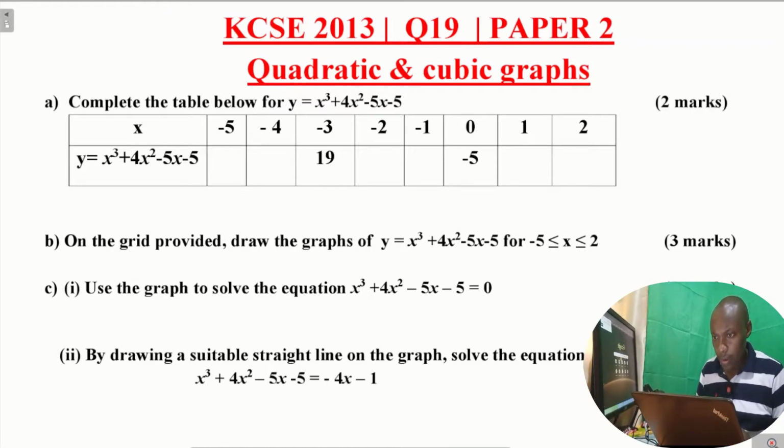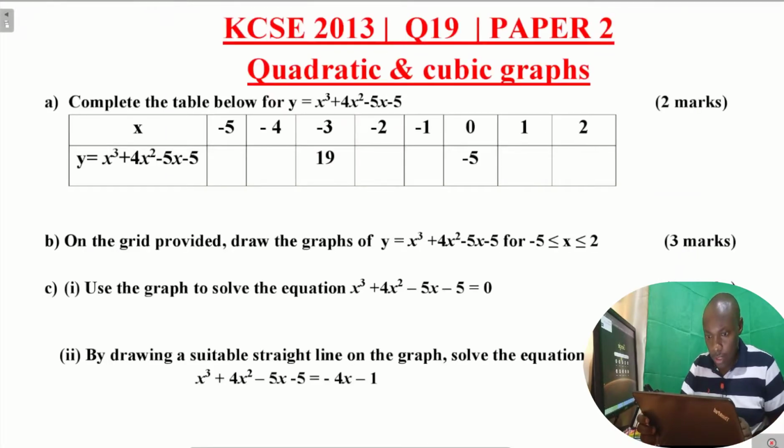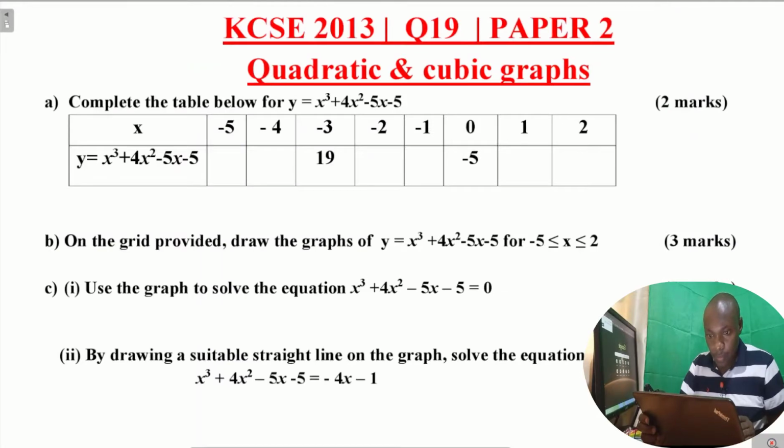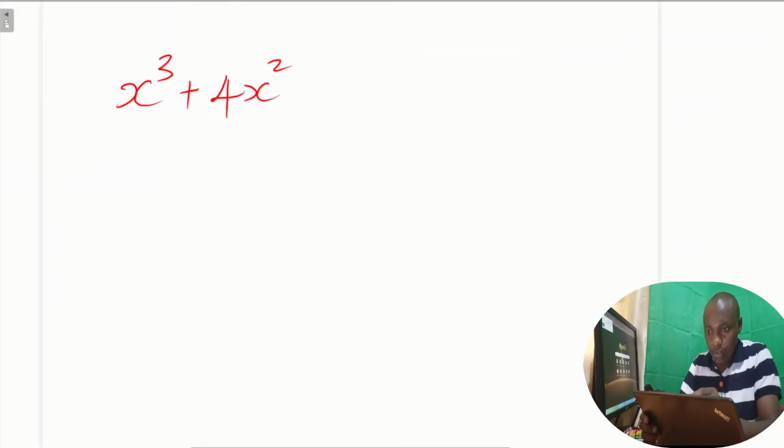So let me introduce another page here. Now this is how we shall do this. So the equation is x cubed plus 4x squared minus 5x minus 5 is equals to 0.